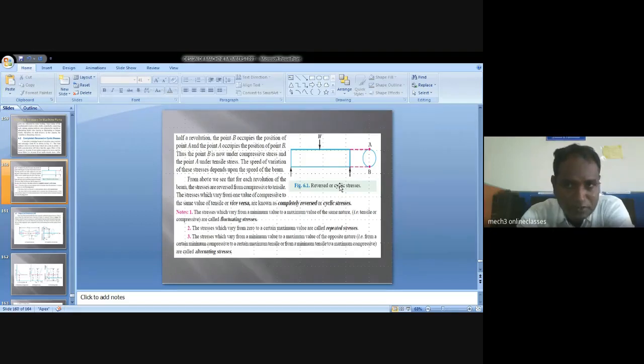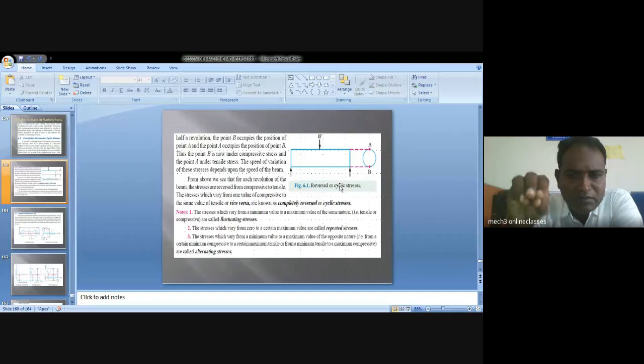After one revolution, calculate the value and we get whether it is compression or tension. That value is sometimes a maximum and sometimes a minimum, for the same position, whether top surface or bottom surface. That type of stress is known as fluctuating stress.